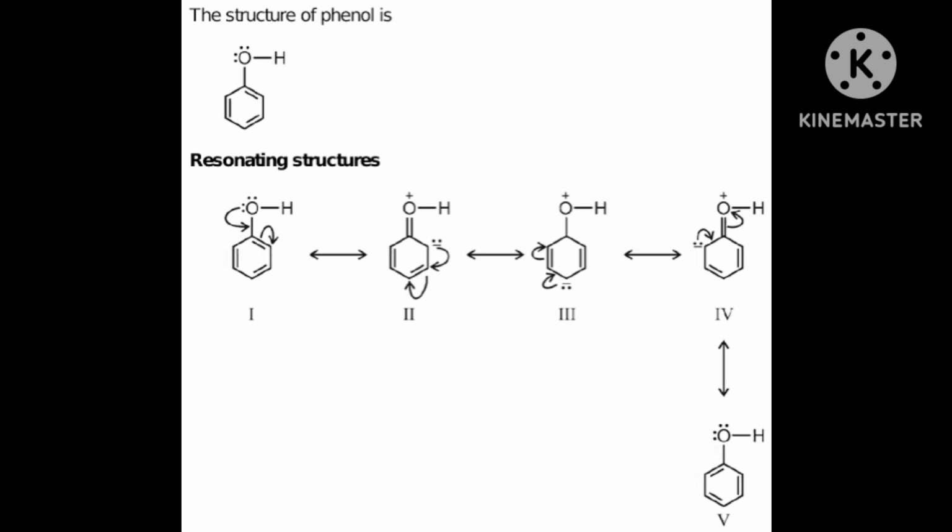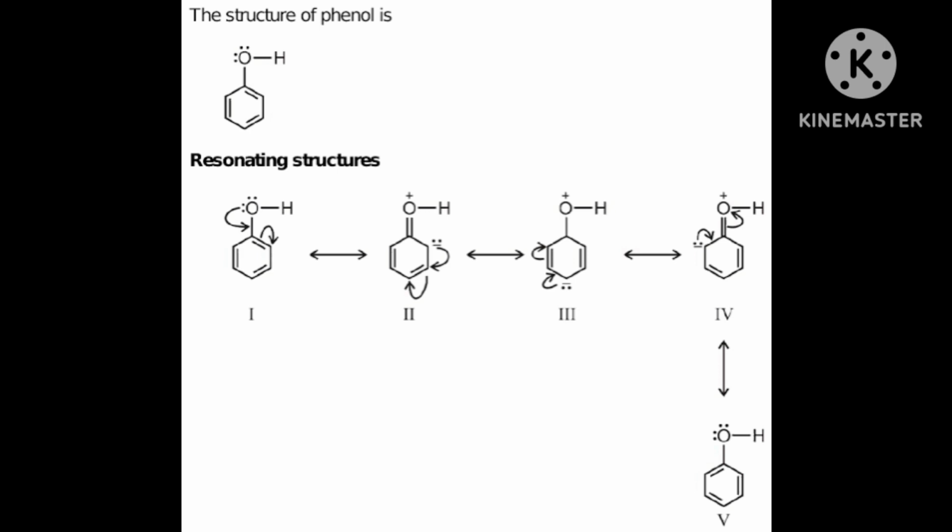There, already discussed, one lone pair of electrons will make a double bond between oxygen and carbon, and again complete rotation of the double bond will be there. Correct? There also we will get 4 structures. But that time when the electron of oxygen makes a double bond between carbon and oxygen, oxygen will have a positive charge.